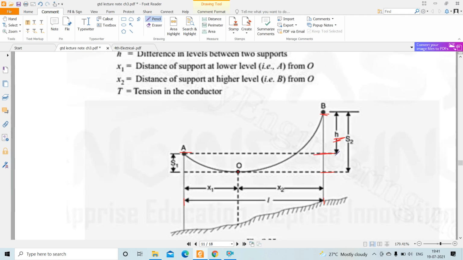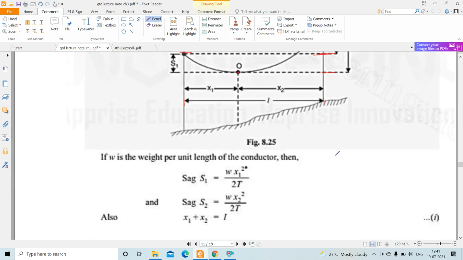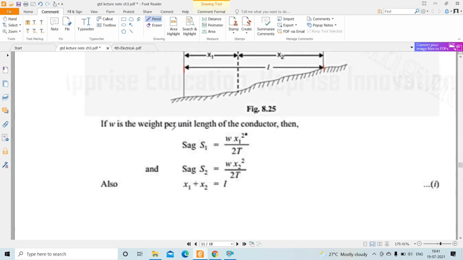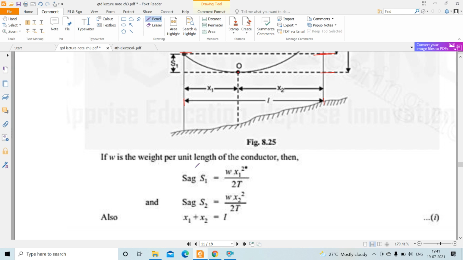Okay, so let's see how we calculate the sag for this. If W is the weight per unit length of the conductor, then sag S1 is equal to W x1 square by 2t, because x1 is the distance between support A and O. So S1 is equal to W x1 square by 2t.